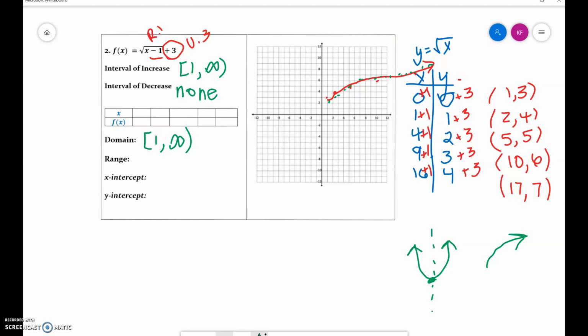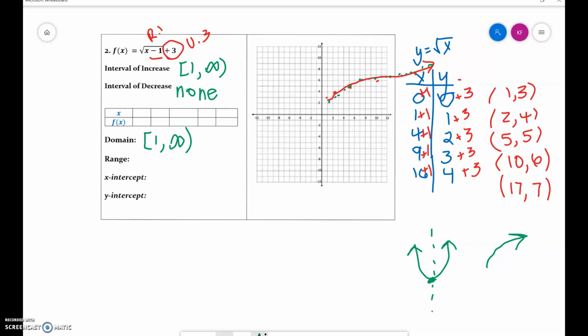so there's none. Then you could just transfer these 5 points that we have here into the XY table. For the range, you're based off of the Y values, and you want to ask yourself, what Y values does this use and can it use, and which ones is it never going to use? And so because the parent function had its lowest Y value at 0, a square root, we're never going to give an output of a negative number.